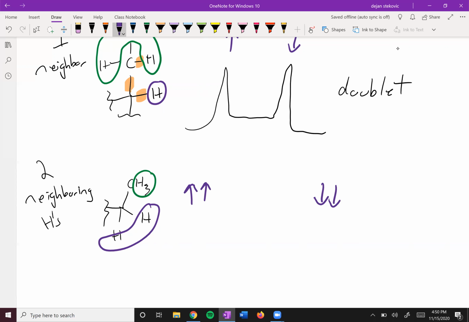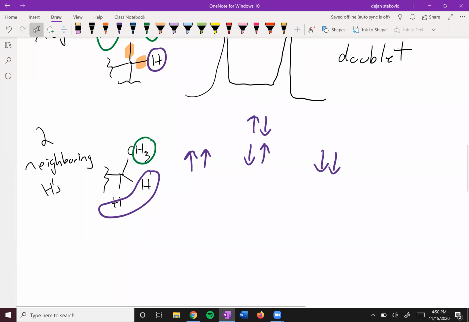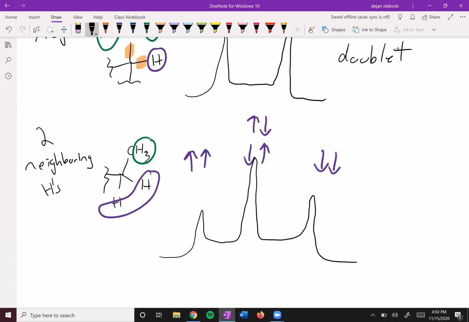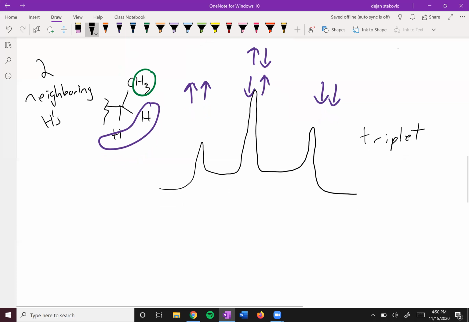But if you think about the ways you can construct this, you could have the first one be up and the second one be down, or you could have the first one be down and then the second one be up. And so if we think about it, that's 3 distinct peaks where the center one is twice the size of the surrounding ones. And so that's what you would see, right? You would see 3 peaks where the middle one is about twice the size of the 2 surrounding ones. And this is called a triplet peak, right? Because there's 3 of them.